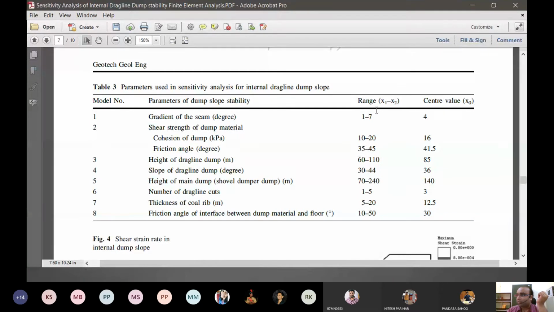So gradient of the seam was changed from 1 to 7 degrees, right? And all these cohesion values, friction values, height of the dump, and so on. All of these values were basically changed from their actual present values that we obtained from the lab analysis to certain variations on the positive and the negative side.